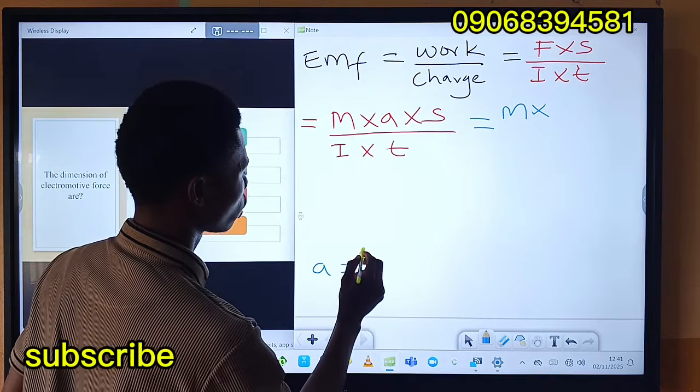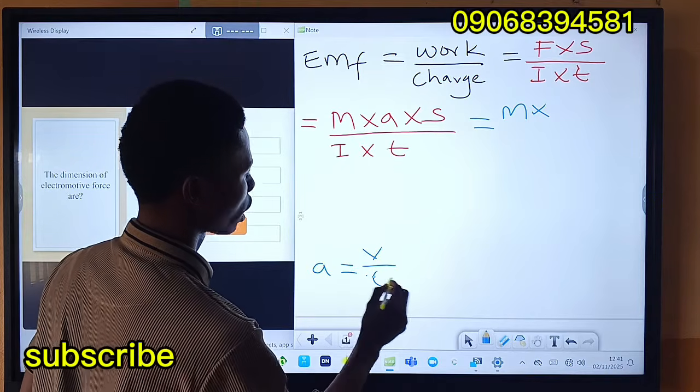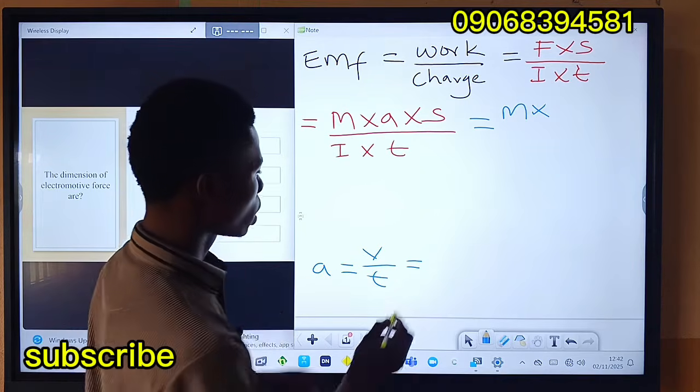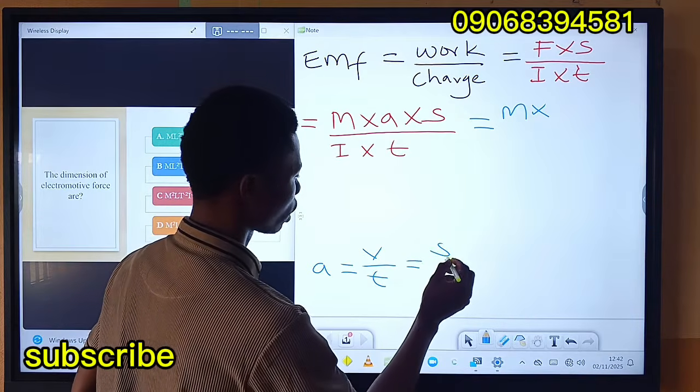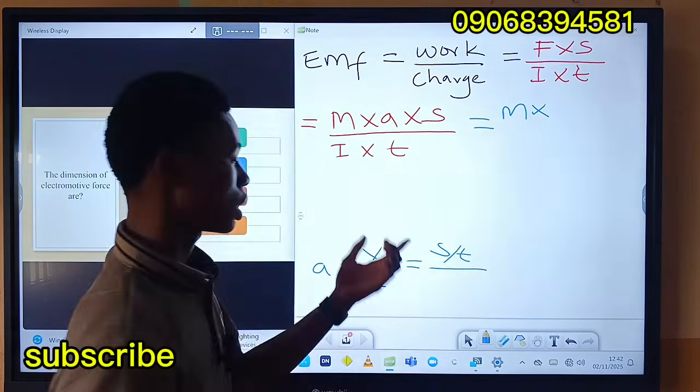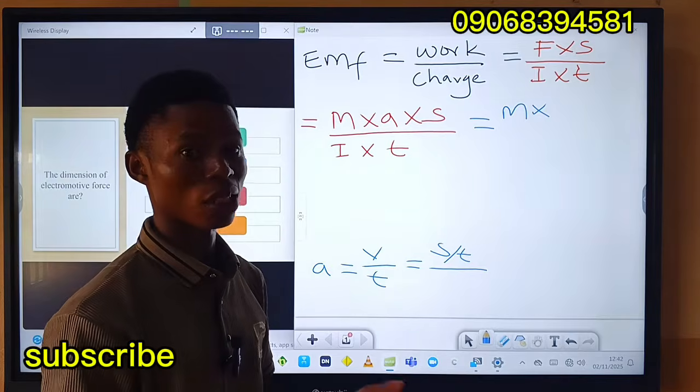Acceleration is same thing as change in velocity all over time. Change in velocity over time, that's acceleration. And velocity is distance over time. Strictly it's displacement over time, but we use them interchangeably sometimes.